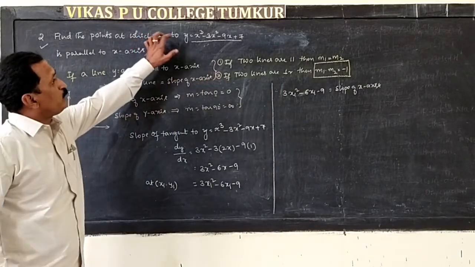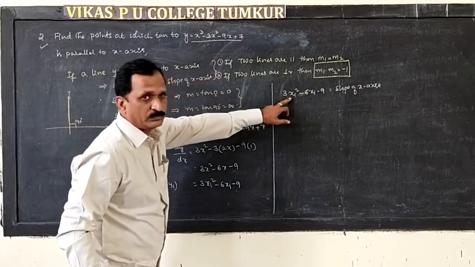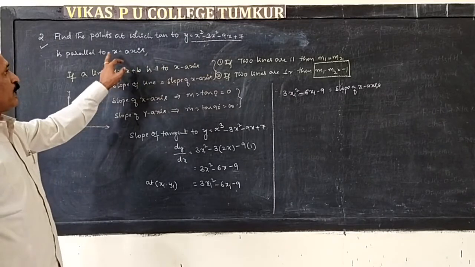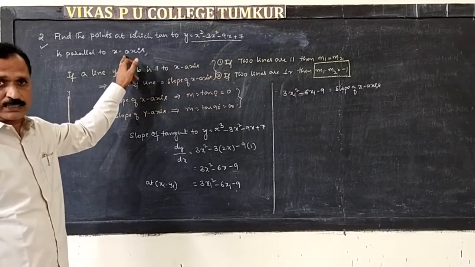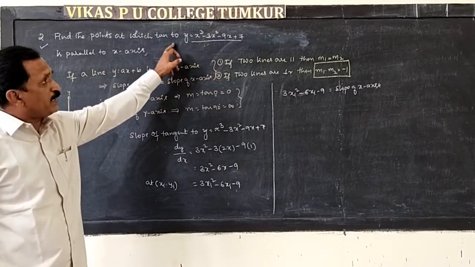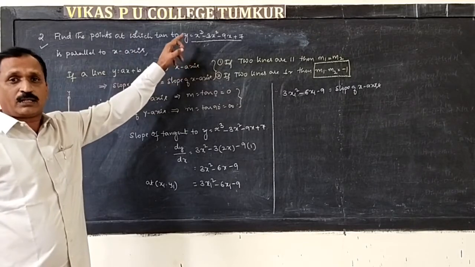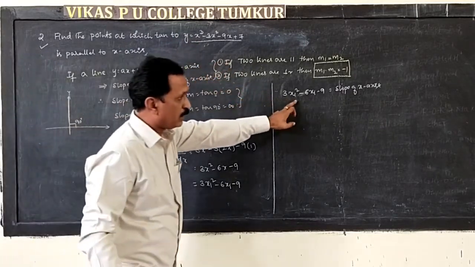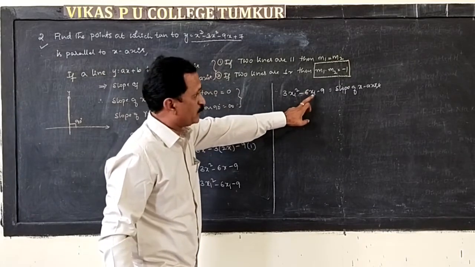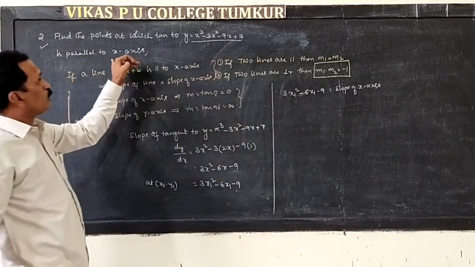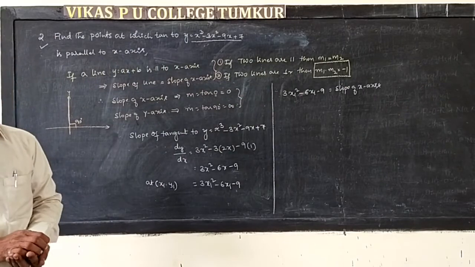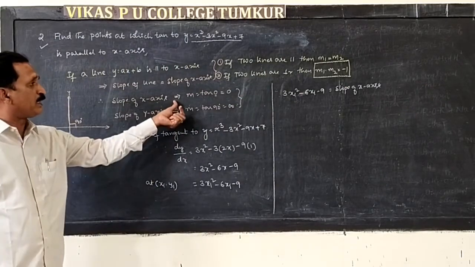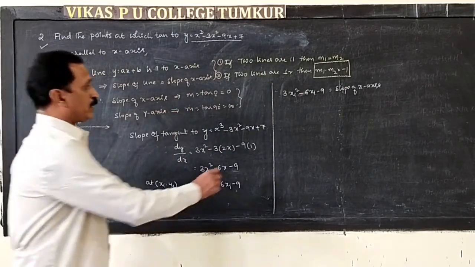The tangent to the curve is parallel to the x-axis. That means the slope of the tangent to the curve, 3x square minus 6x minus 9, is equal to the slope of the x-axis. Now what is the slope of the x-axis? It is 0.